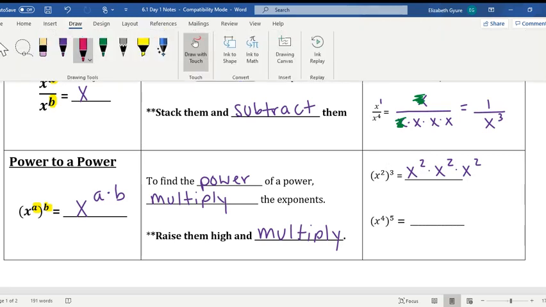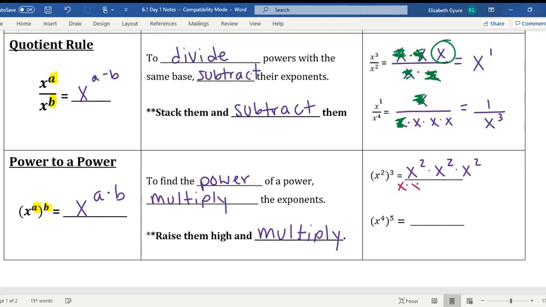So this first x squared technically represents 2 x's. This second x squared technically represents 2 x's. And this third x squared technically also represents 2 x's. And count them out, how many did I end up with total? 6. And that's why it becomes x to the 6th.